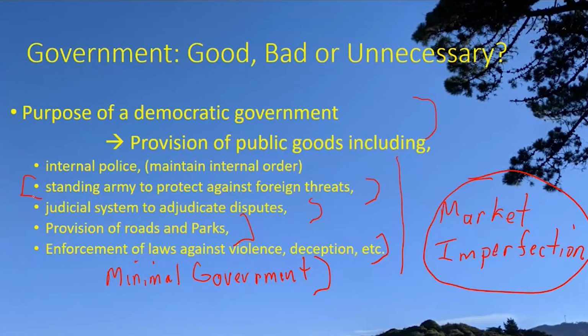And perhaps the most important being this second one here, which is an army to protect against foreign threats. That we need to provide for the national defense and security, and that can best be accomplished by a federal government rather than state governments, and certainly rather than by individuals themselves. Okay, so a lot of discussion here just to highlight that this is the primary role of government, perhaps, in an economy.